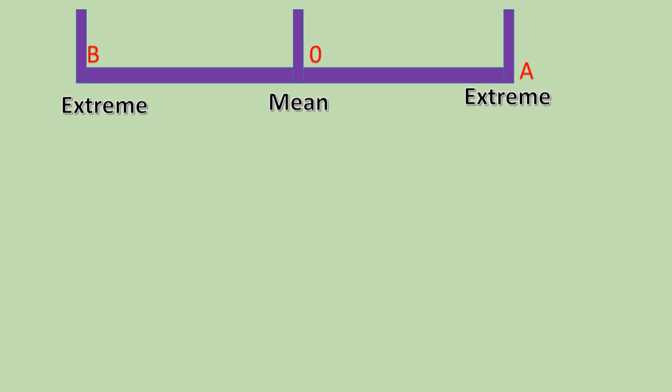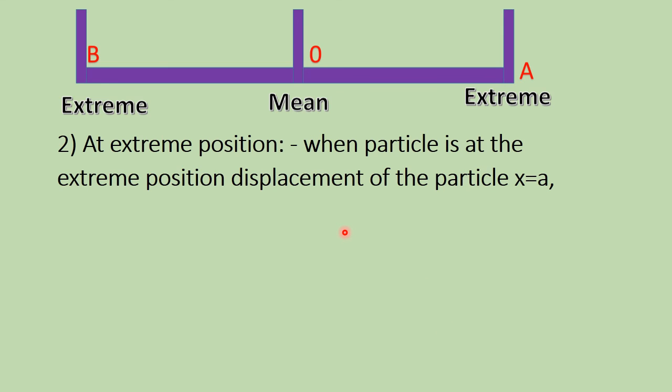Now we calculate the velocity of the particle at the extreme position. In the figure, positions A and B are known as extreme positions. When the particle is present at the extreme position, the displacement of the particle is equal to the amplitude.